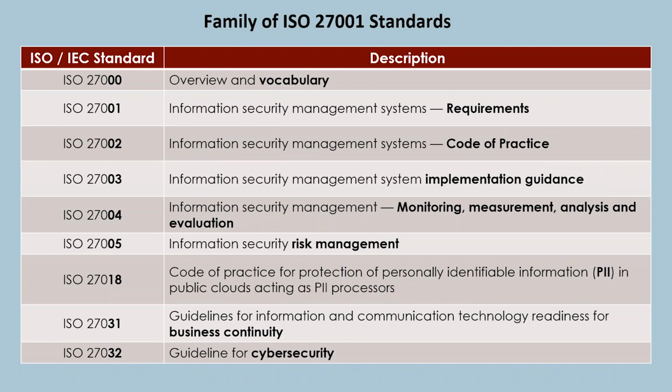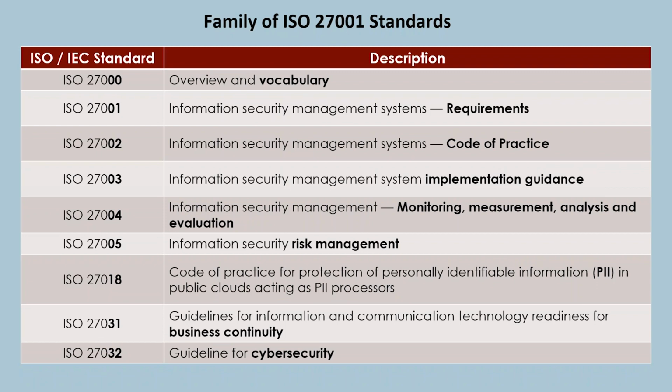ISO 27004 is also about information security management. It covers the monitoring, measurement, analysis, and evaluation. And 27005 is the information security risk management. Then ISO 27018 is the code of practice to protect PII in public clouds. 27031 is for how you ensure business continuity.